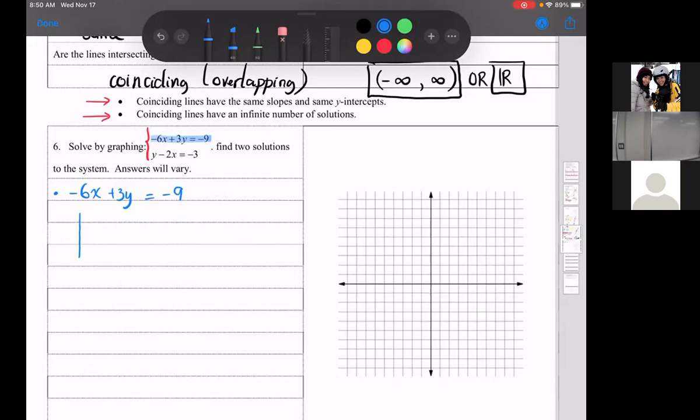Very good. And pick 2 points. Maybe mine different than yours.